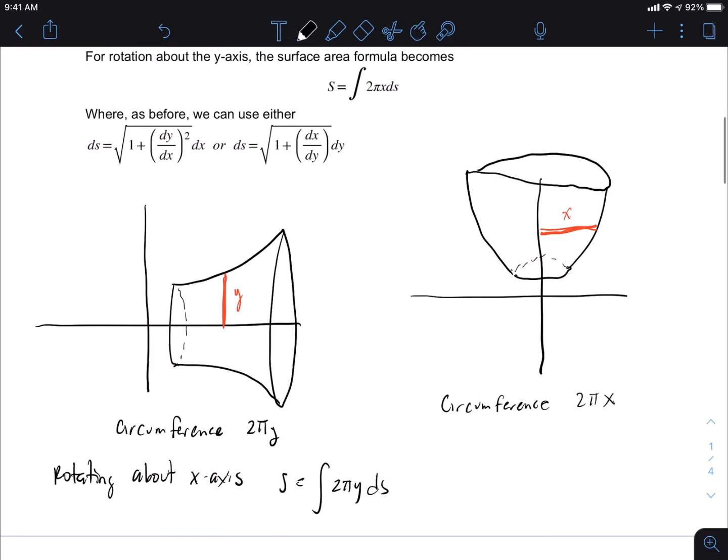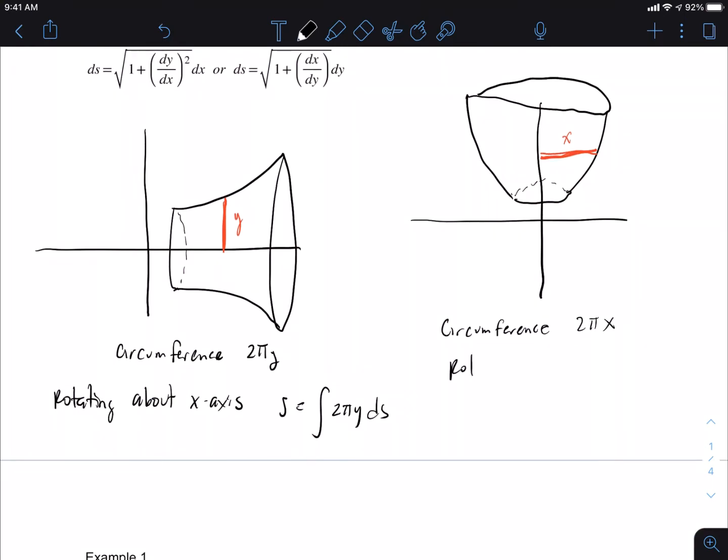And since I'm rotating about the y-axis, and that makes sense that I'm rotating about the y-axis here, correct? Because my function, just in case you don't see it, is this. Here's my function.